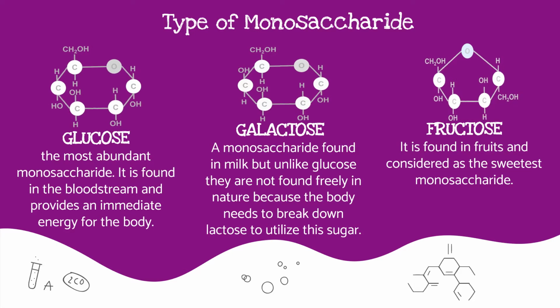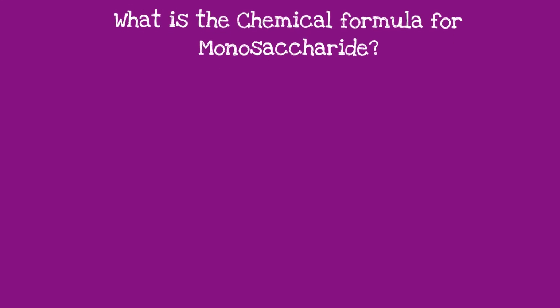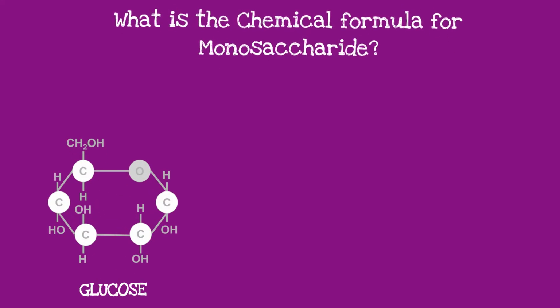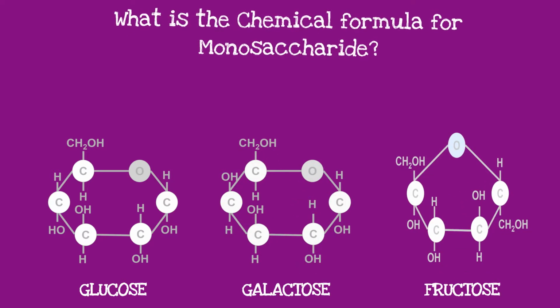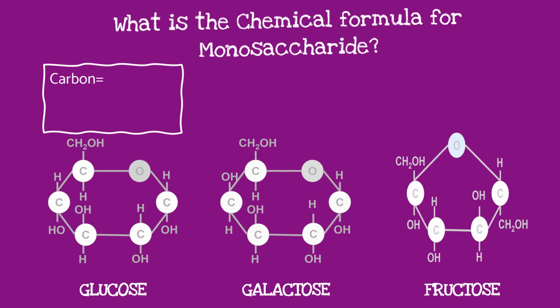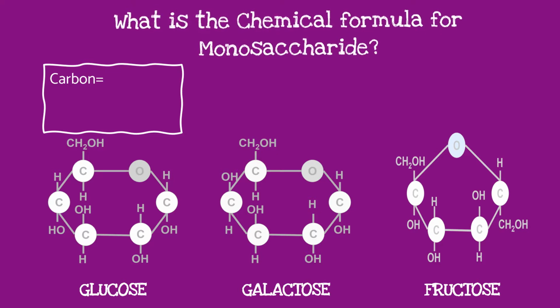Now, having the following structures of the molecules of glucose, galactose, and fructose, let's identify the chemical formula for monosaccharide. To do that, all we have to do is count the number of atoms of each element present in the molecules of monosaccharide.